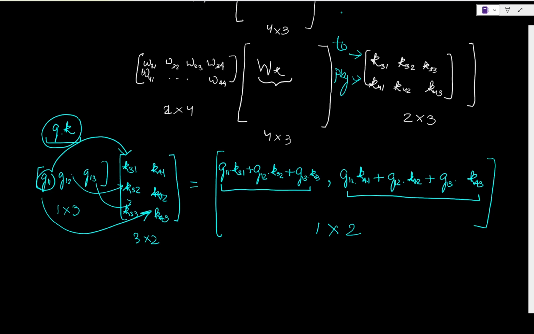And one problem that we potentially might run into as we keep on doing our calculations is, in order to compare how similar or how related a query is to a particular key, we'll have to take softmax, right?